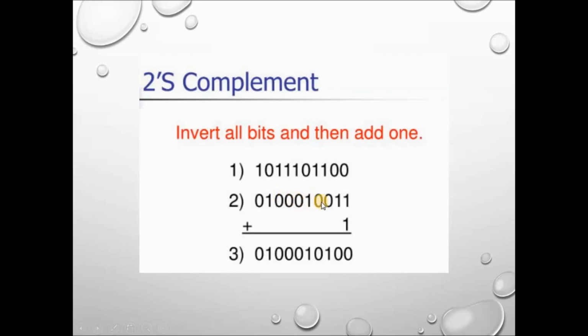After one's complement, you are adding 1. So see how binary addition is done. 1 plus 1 means 2, you know. For 2, the binary number is 1 0, so 0 is coming here and carry is 1. Then 1 plus 1 again 2, this 0 is coming, then again 1 is there, then 1 plus 0, this 1 is coming here. After that these numbers are coming. So this is 2's complement.